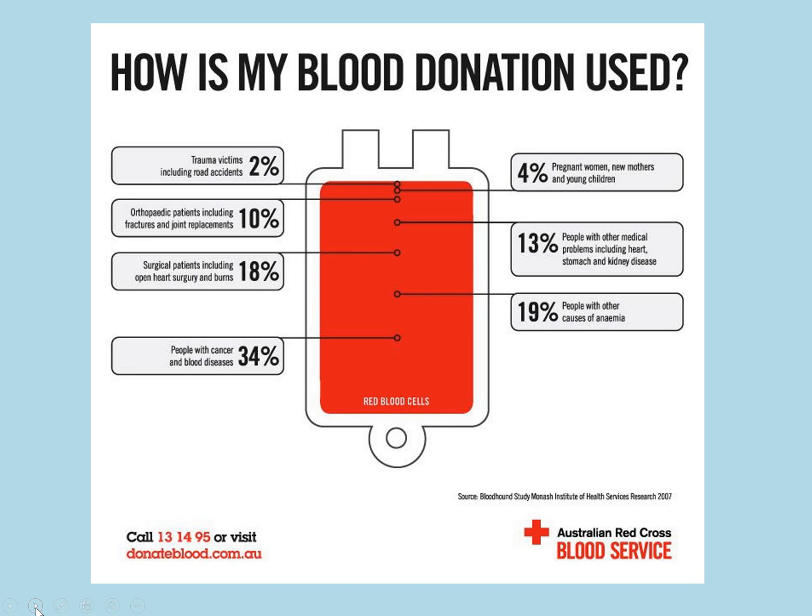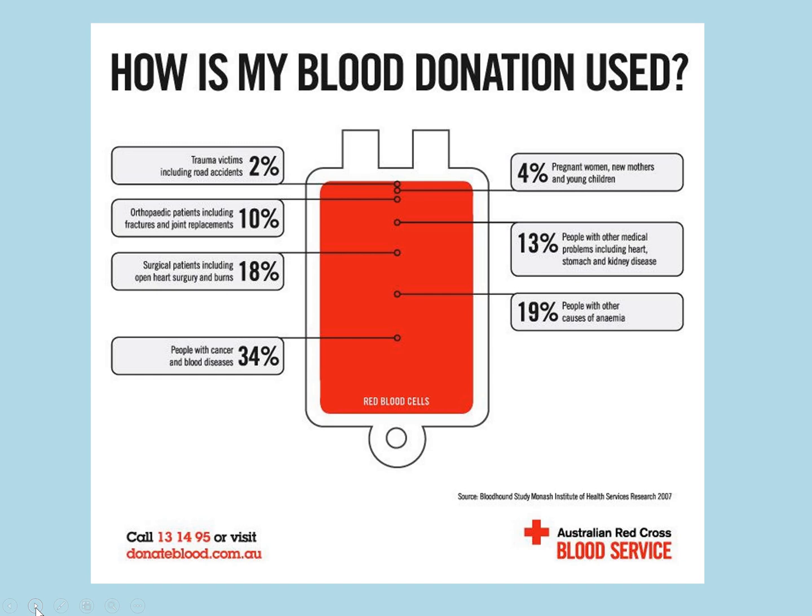So the highest percentage of blood that is collected for donation is actually used for people with cancer and blood diseases. 34% of the donated blood goes to those people. Then 19% goes to people with other causes of anemia, followed by 18% used in surgical patients like open heart surgery and in burns.